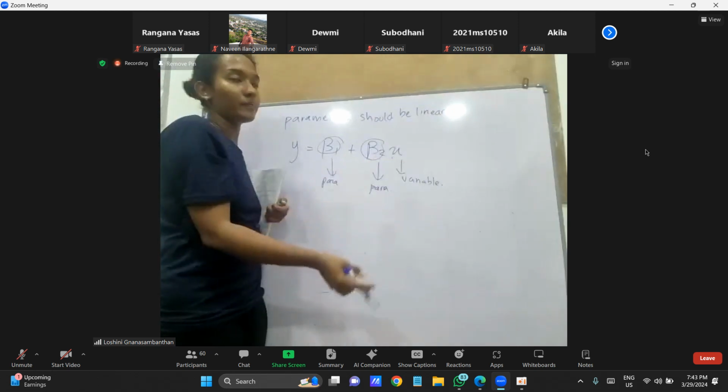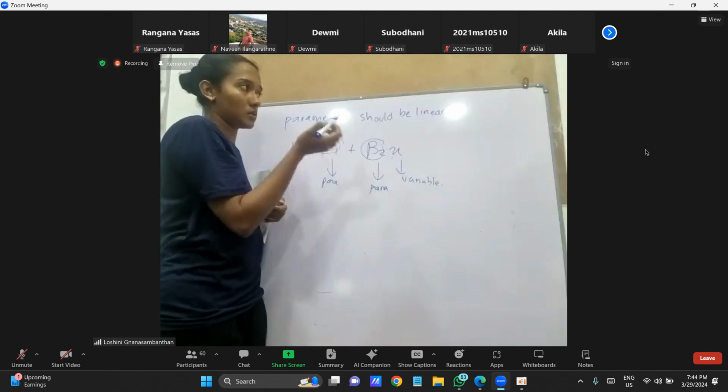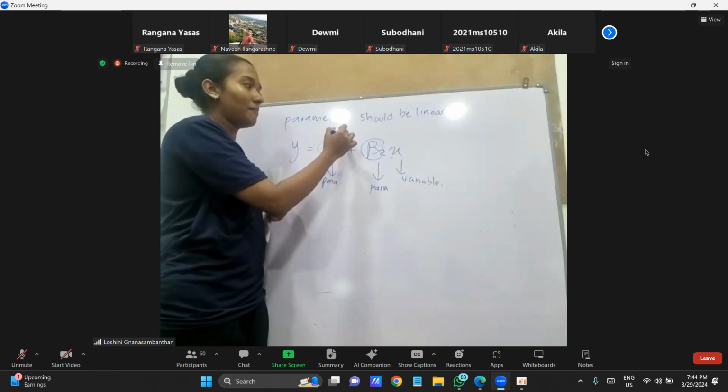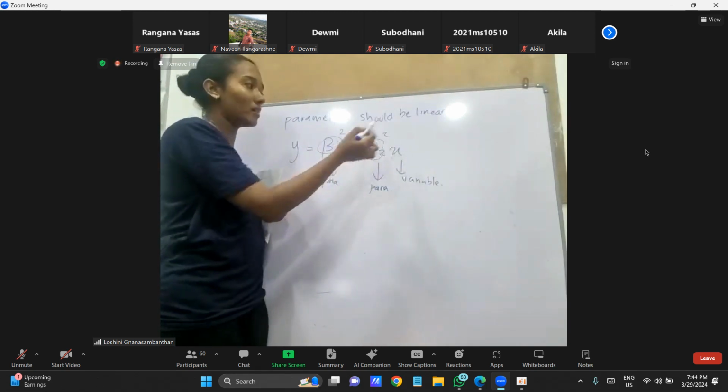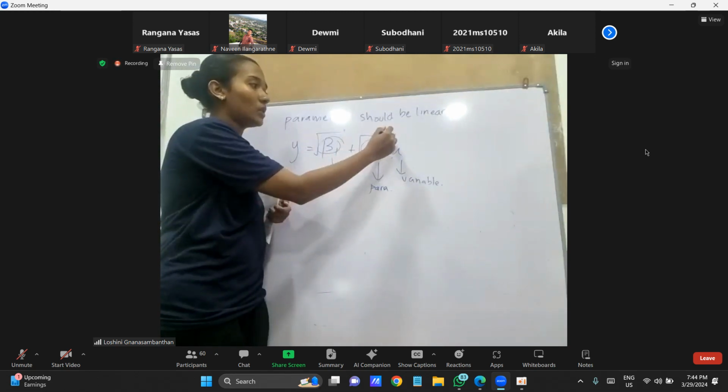So parameters should be linear, so beta 1 and beta 2 should be without any powers or squares.